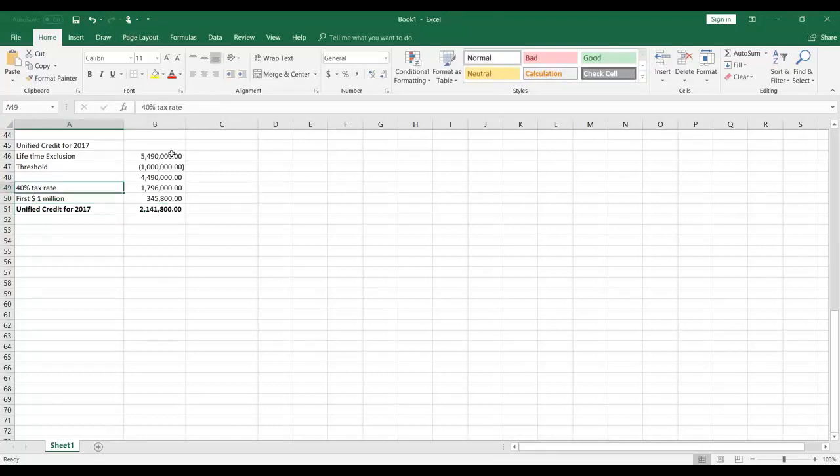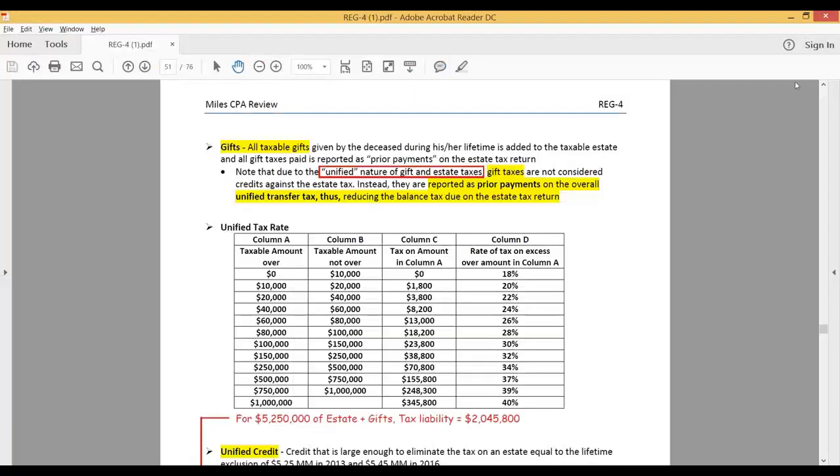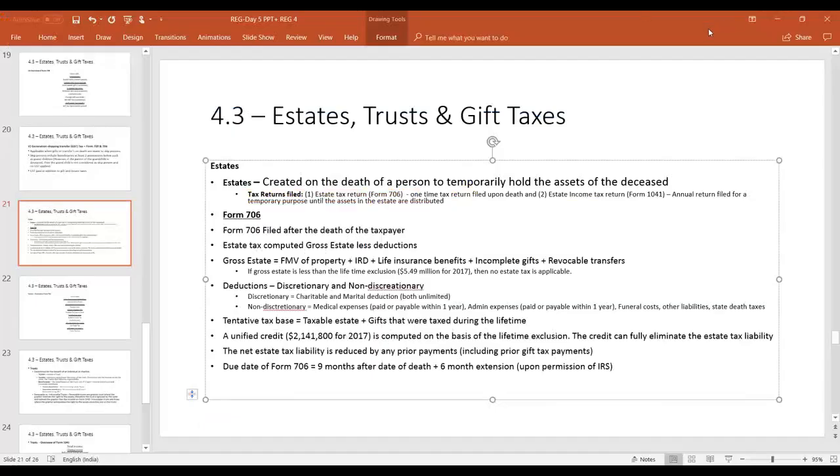Which means that if you have a lifetime exclusion of 5.49 million, you can get a unified credit up to 2.141 million, and that would basically reduce your gross estate tax liability. Any questions?